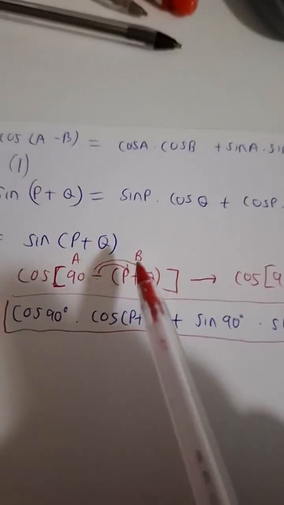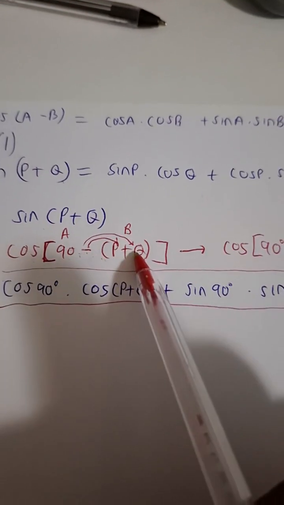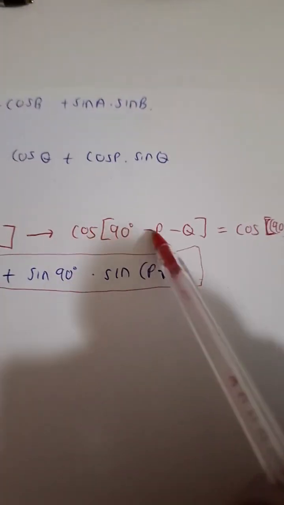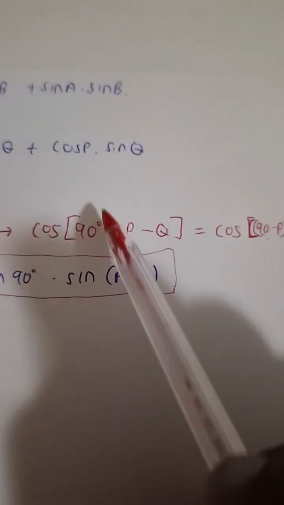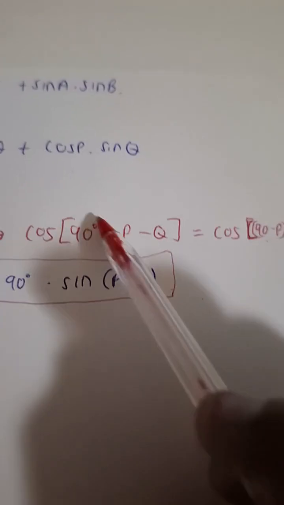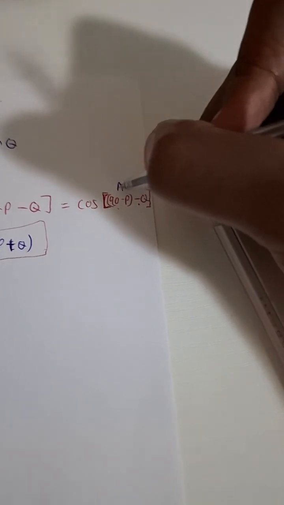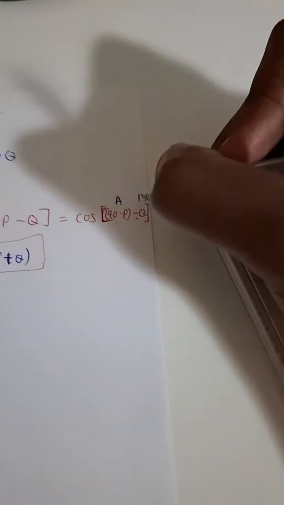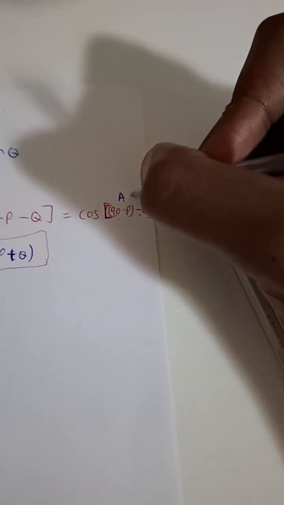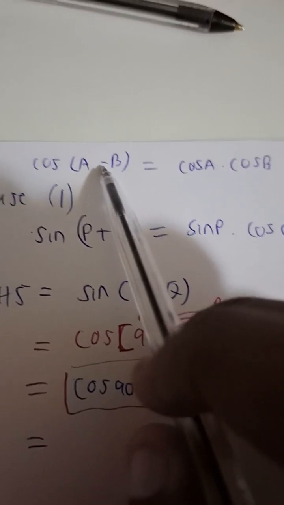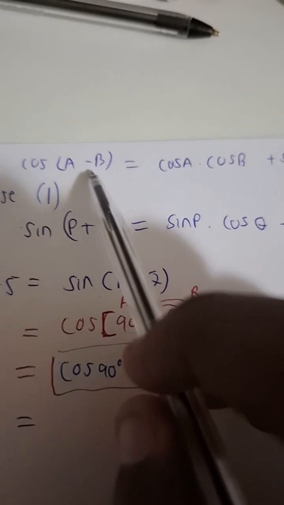So what I then do is I'm distributing the negative into the P plus Q. Negative times P gives me negative P, and then negative times positive Q gives me negative Q. Then I regroup. 90 minus P becomes my A, and then the Q becomes my B. I still have the minus sign in between so that I can retain the integrity of using this expansion, because at the end of the day I need to use the expansion with the negative sign for cos.